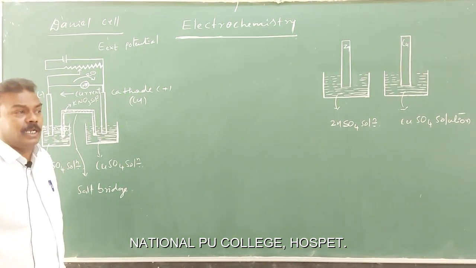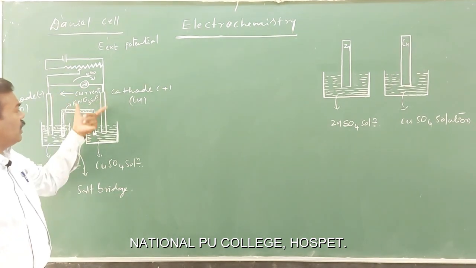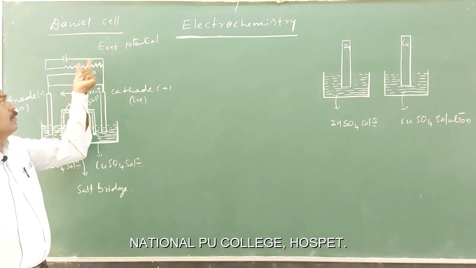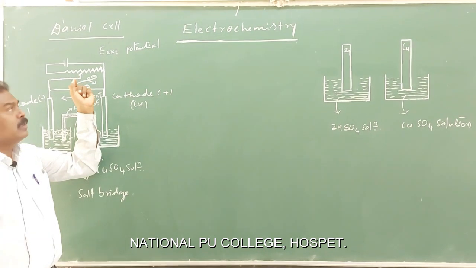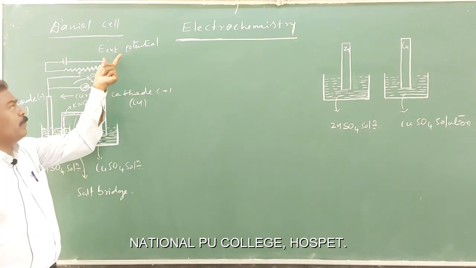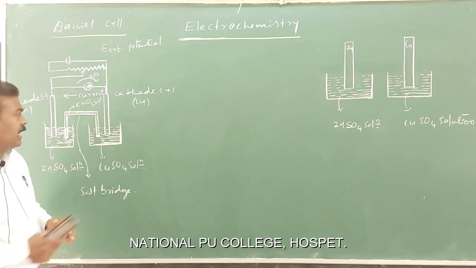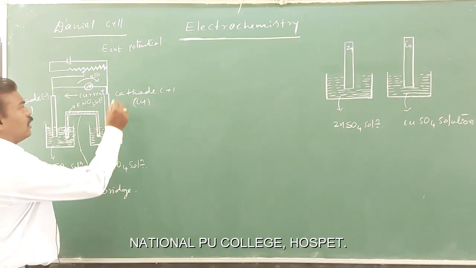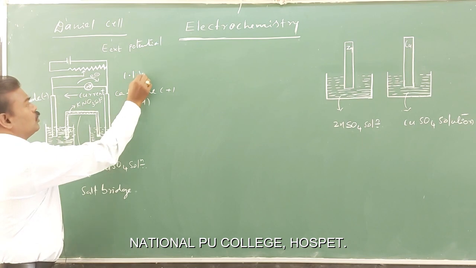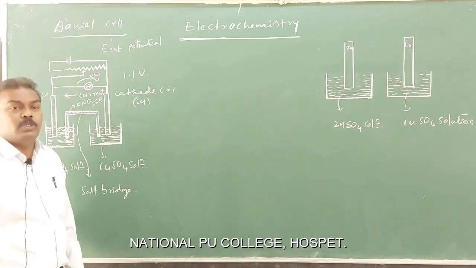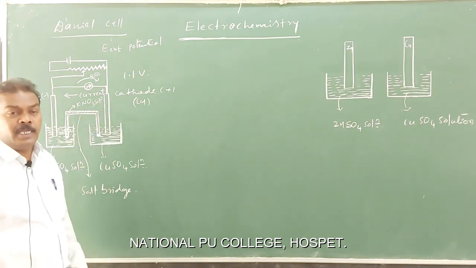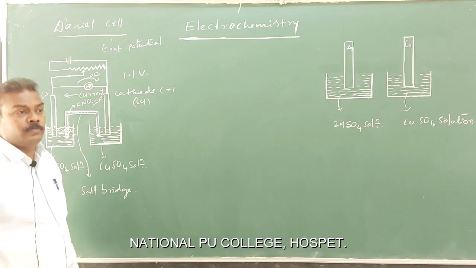Using a battery, we can apply the external potential to the Daniell cell. The electric potential generated in the Daniell cell is 1.1 volts only.